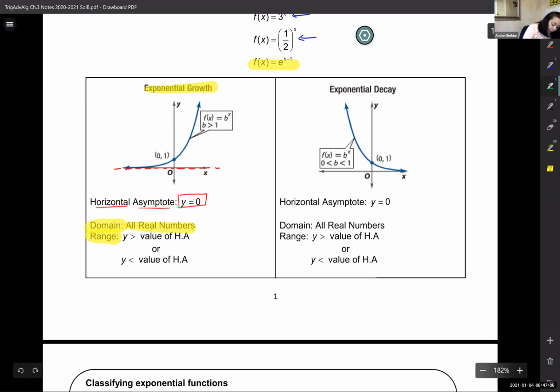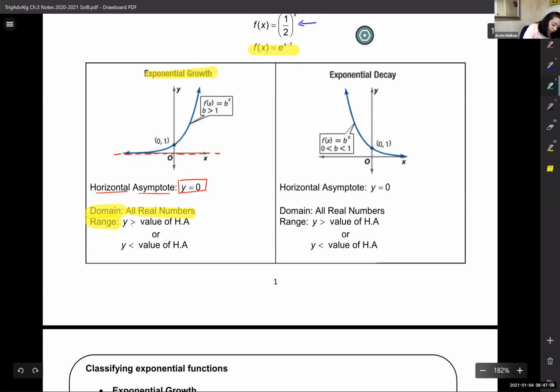And the way it looks is this: y is greater than whatever the horizontal asymptote is. So in this case, if the horizontal asymptote is y equals 0, then the range is y is greater than 0. More details on that to come soon, okay?